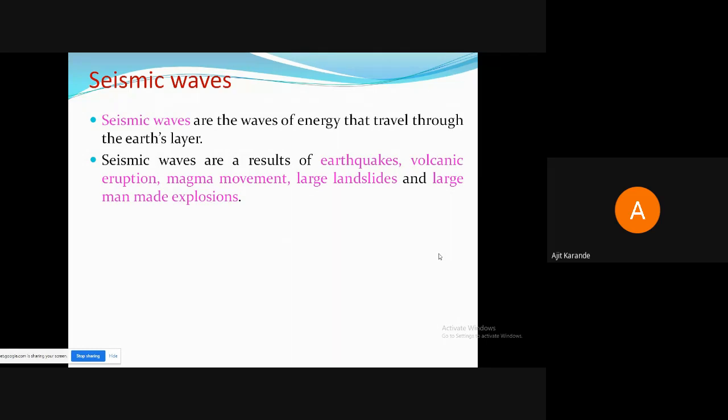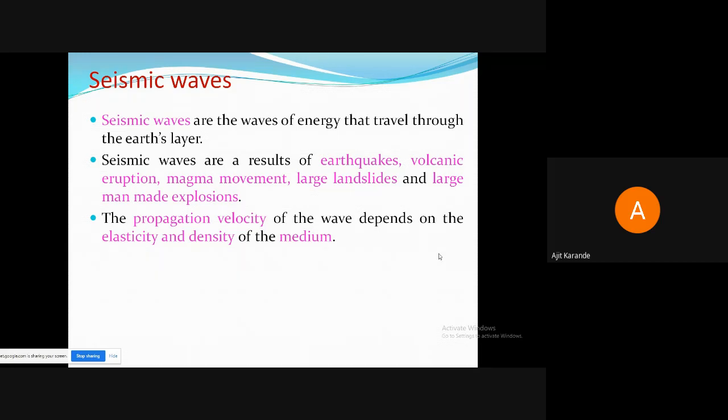So some artificial, or you can say anthropogenic, explosions may happen, and due to these anthropogenic explosions, earth movements take place, and due to movement of the earth, some seismic waves are created in that particular area.